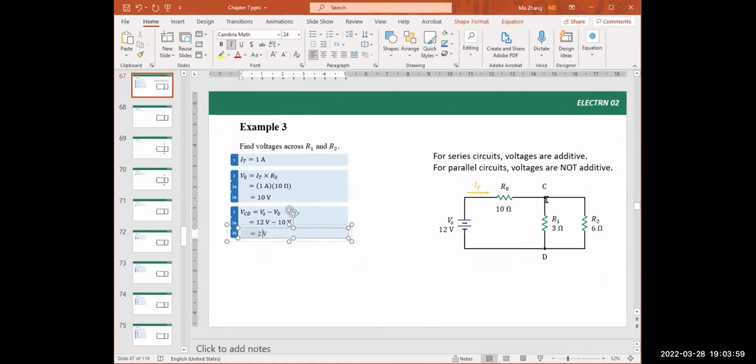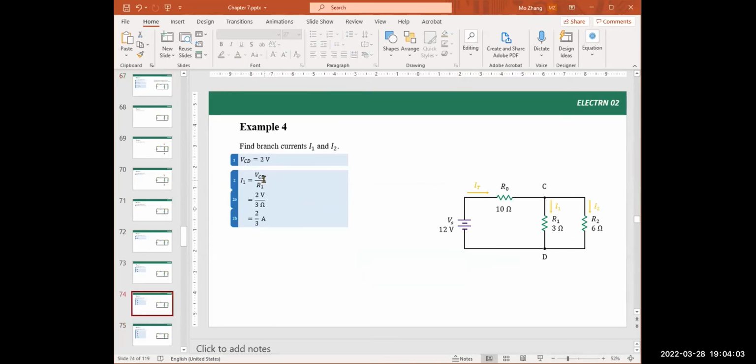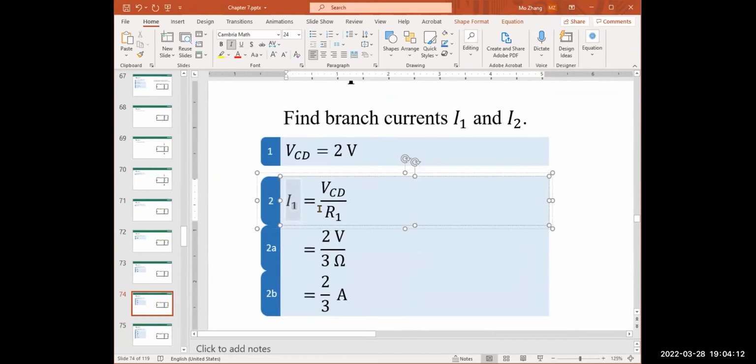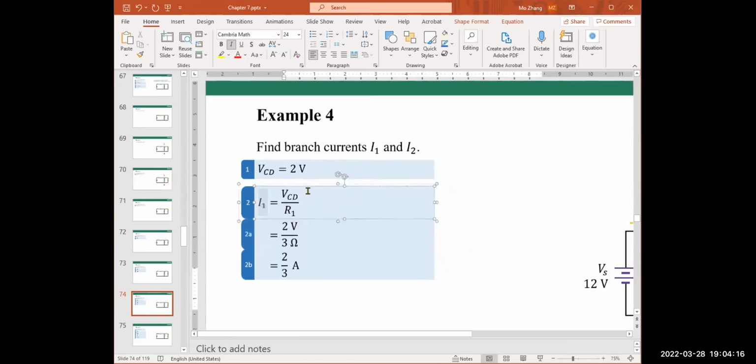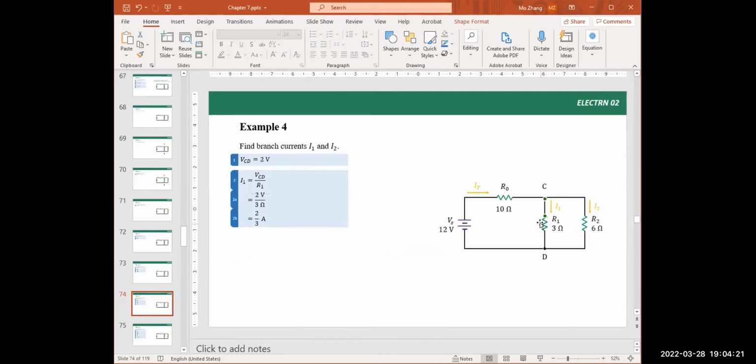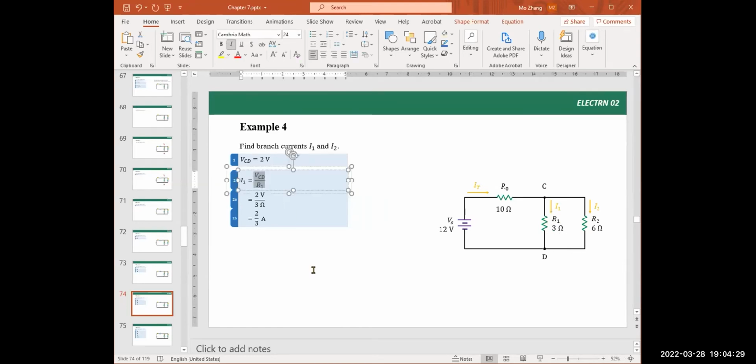Between C and D. And then in example 4, we just take that number and assume this is given or calculated. And then from step 2, this is the Ohm's law formula for finding current. Current is voltage over resistance. So the current in this branch is that voltage, VCD, 2 volt, over that resistance, R1. So that's this formula.